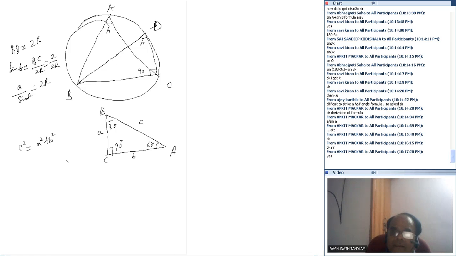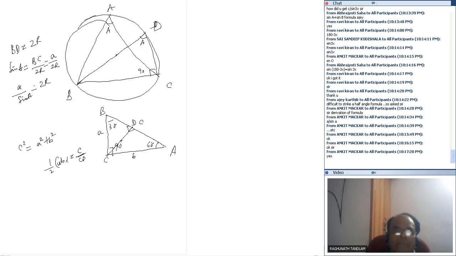Okay. Try perpendicular here. What will happen to this? If CD is a perpendicular to BA, area of triangle is also equal to AB by C by CD.